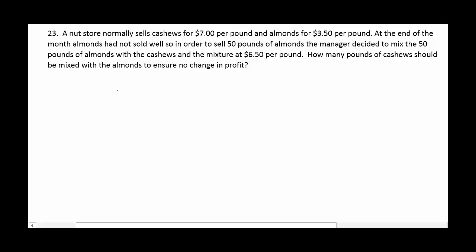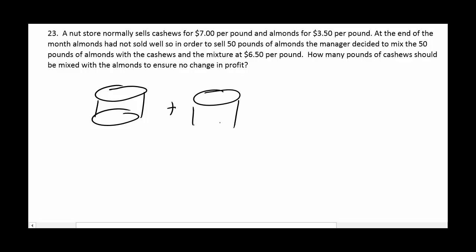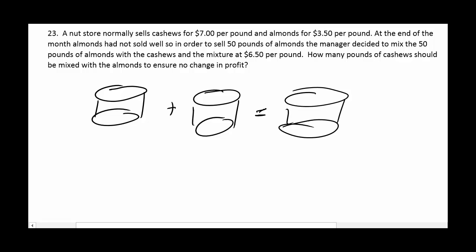Okay, so this is a mixture equation. So I've got 2 giant containers that I'm going to mix together to make a larger container. Okay, so I know that there's a $7 per pound one and a $3.50 per pound one, and I want to mix those to get $6.50.